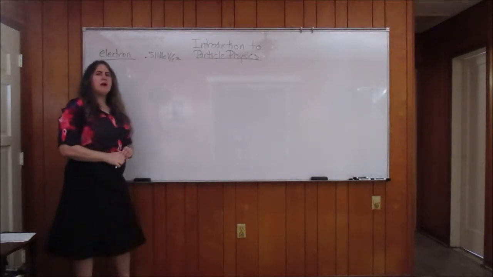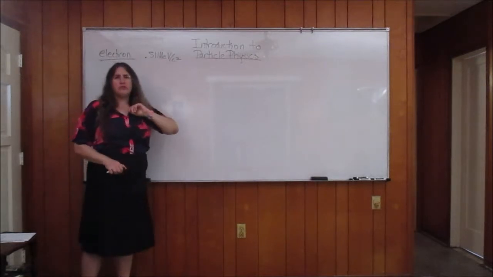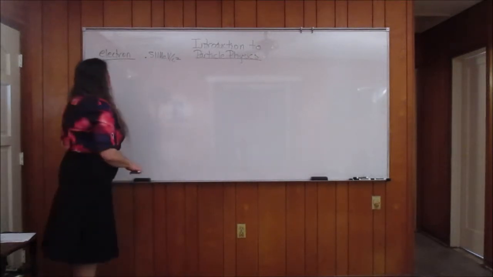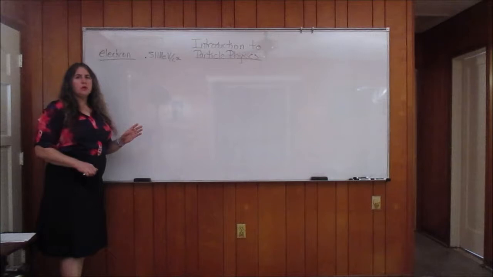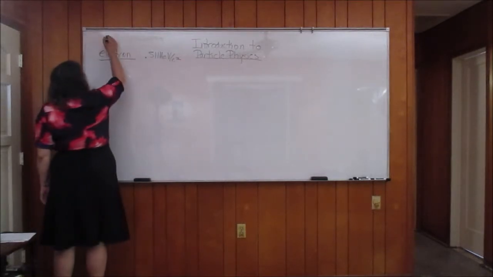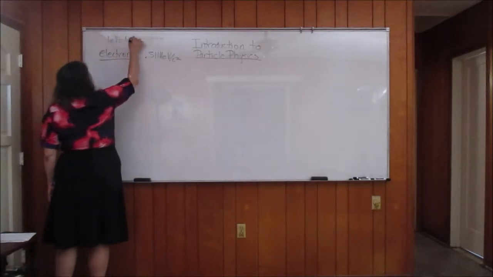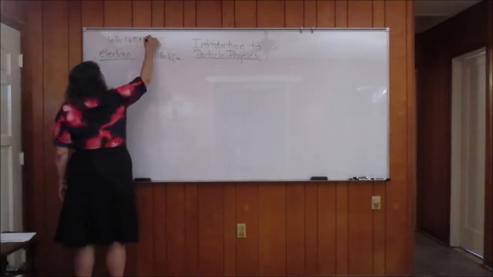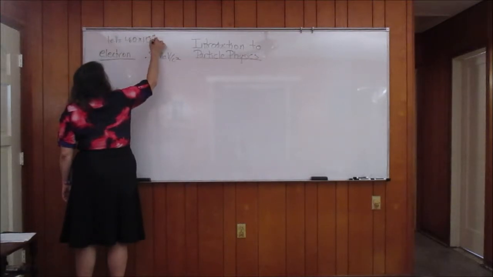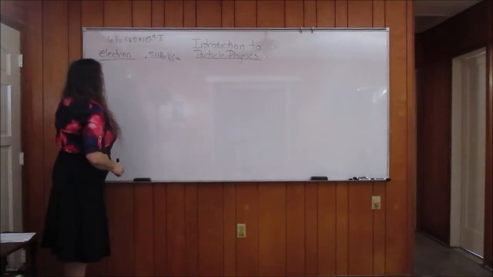And the mass of the electron is 0.511 megaelectron volts over c squared. Now, in particle physics, it's a lot more convenient to express mass this way than in terms of kilograms. So 1 electron volt is equal to 1.6 times 10 to the minus 19th joules.